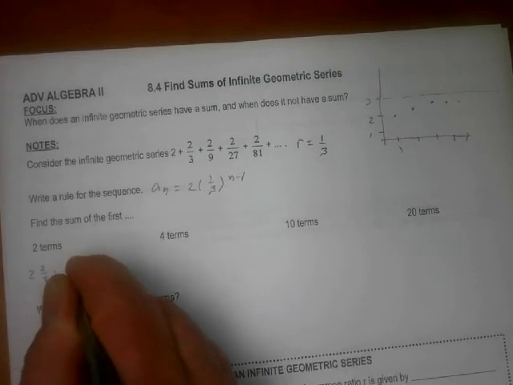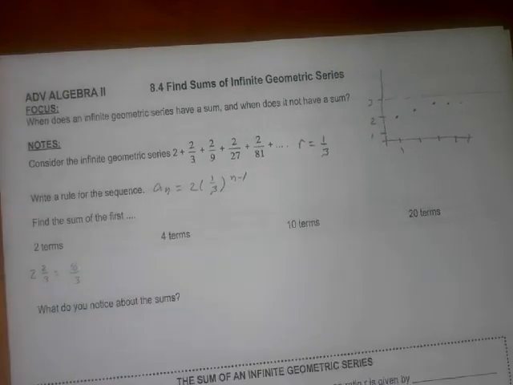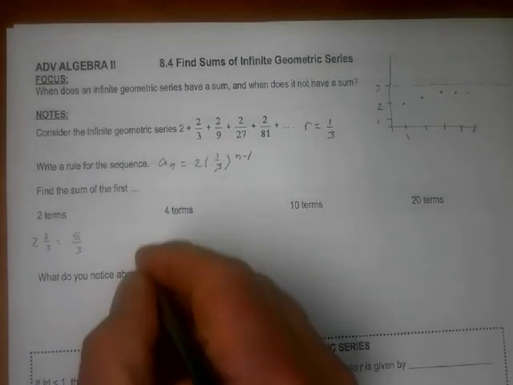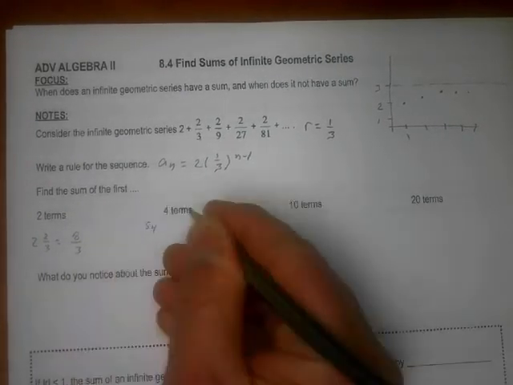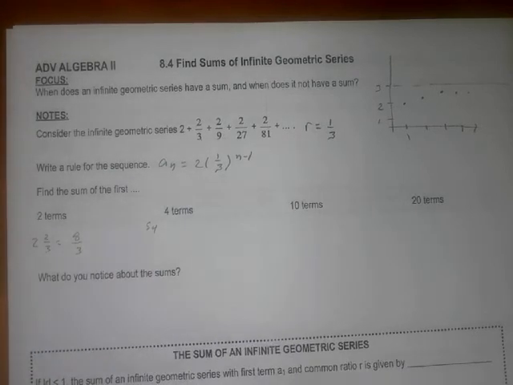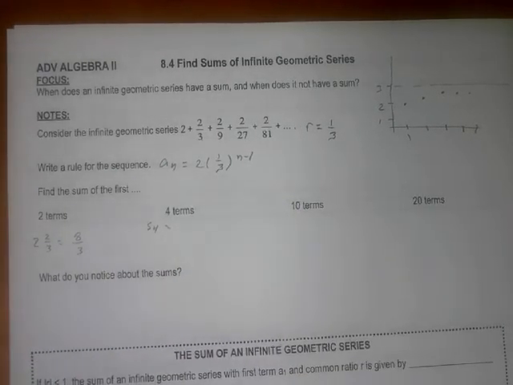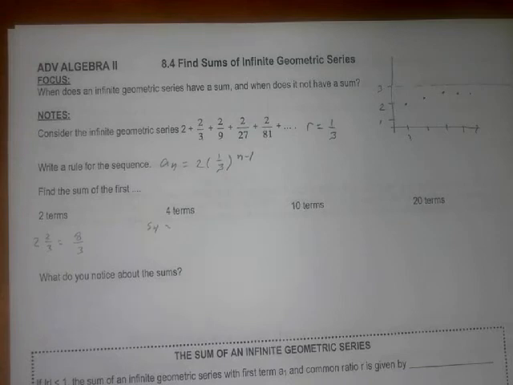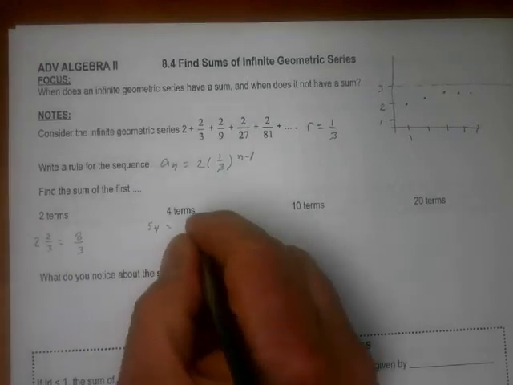Another way to think about that is 8/3. Now the first four terms means I'm going to look at what the sum of S sub 4 is. Now we have to remember the equation, which is the first term times 1 minus r raised to the nth power, all divided by 1 minus r.